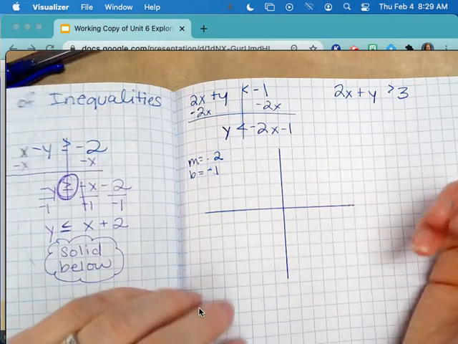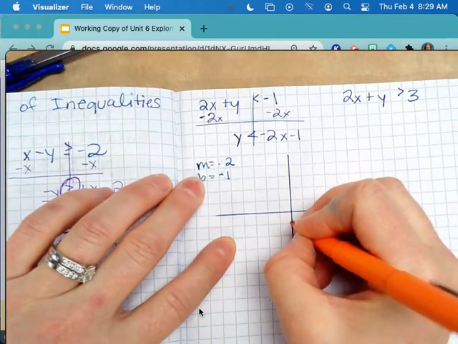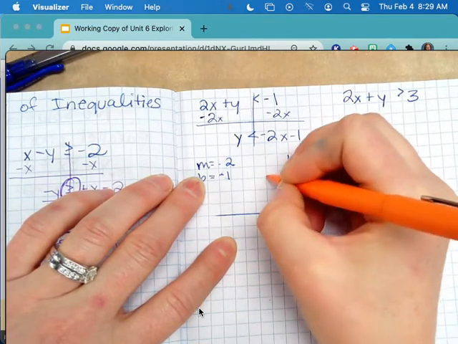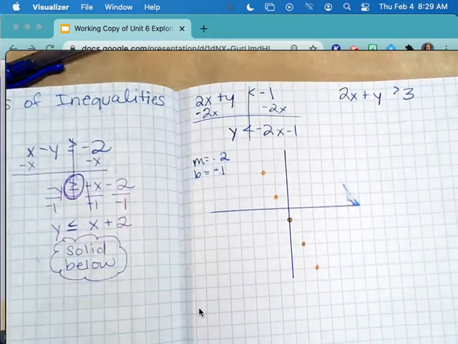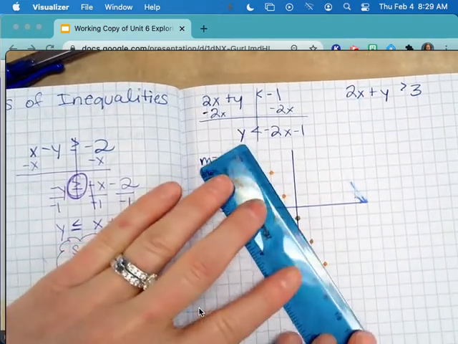So this would be -1 and then down 2 over 1. And this one's going to be dashed.